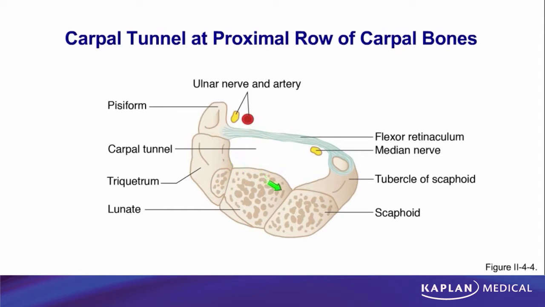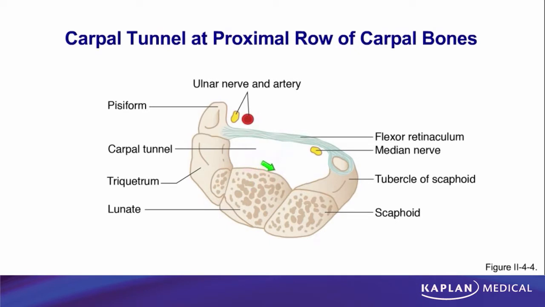So when you hyperextend your wrist, which is what can happen when you fall on your outstretched hand, that tends to squeeze the lunate out of position, and because of its wedge shape, it tends to get squeezed forward in that direction.